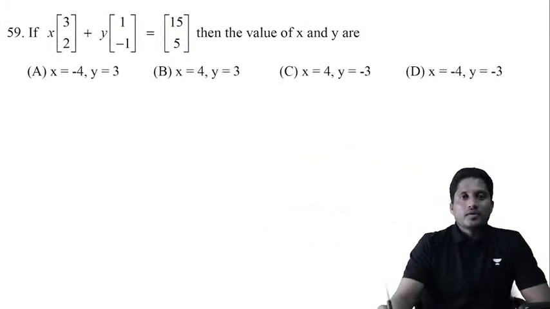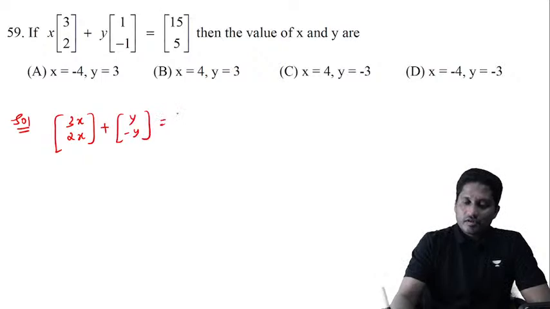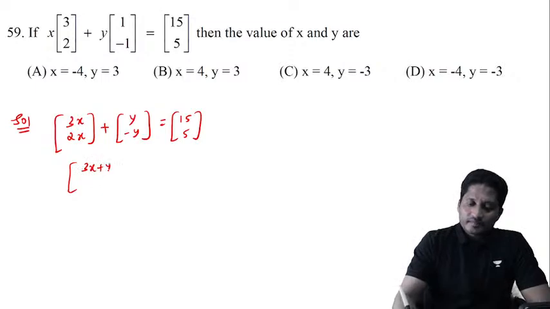Alright, question number 59. This is a very simple question. In fact, ICSE students will do it in class 10th only. 3x, 2x, this is y and minus y is equal to matrix 15 and 5. If I equate, you get 3x plus y and 2x minus y is equal to matrix 15 and 5.